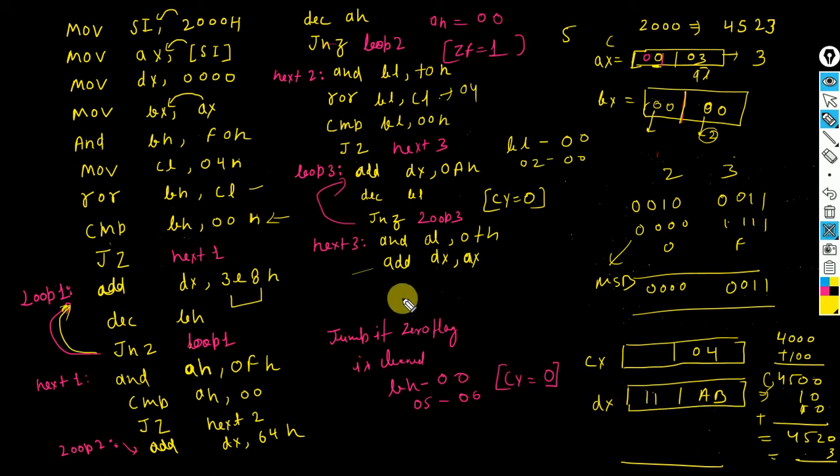Okay, and suppose you want to save this answer to any specific memory location. Suppose we place this answer into the 3000 memory location. So write down MOV, in brackets 3000, bracket close, DX.